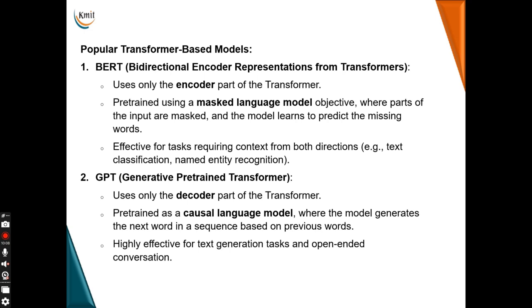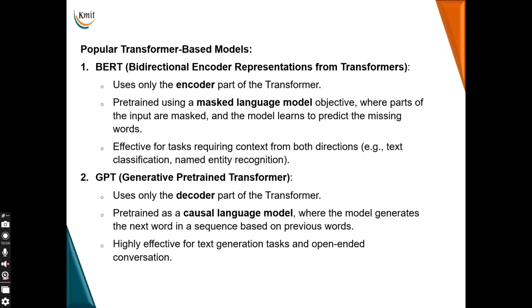Coming to GPT, generative pre-trained transformer. So it is working with the transformer and it uses only the decoder part of the transformer, and it is pre-trained as a causal language model. What do you mean by causal language model? Where the model generates the next word in a sequence based on the previous words.